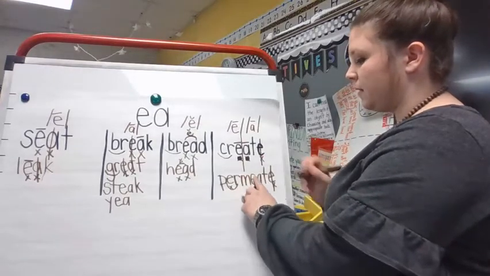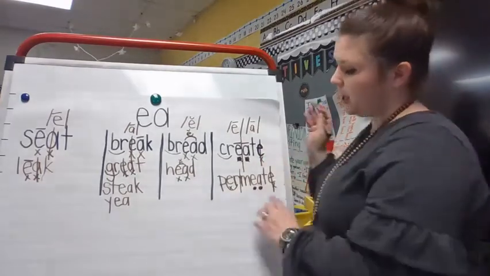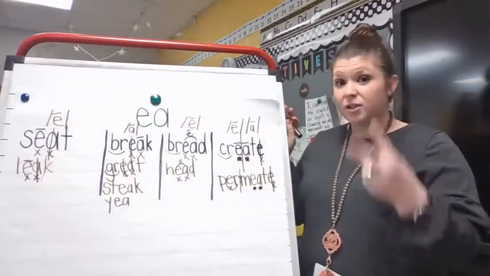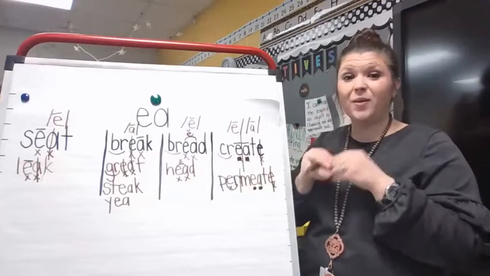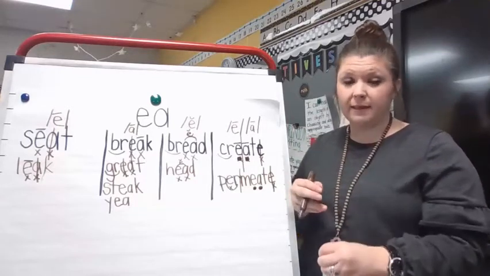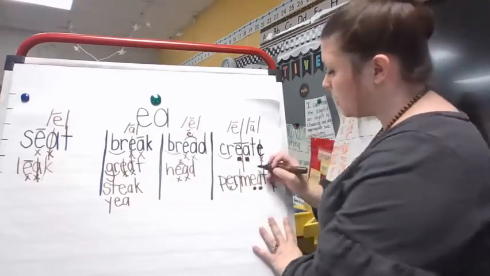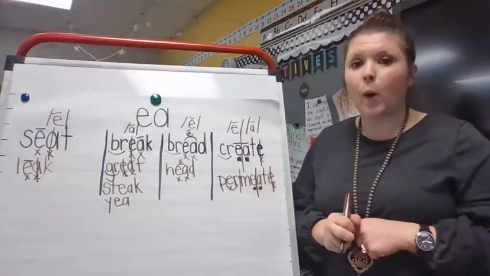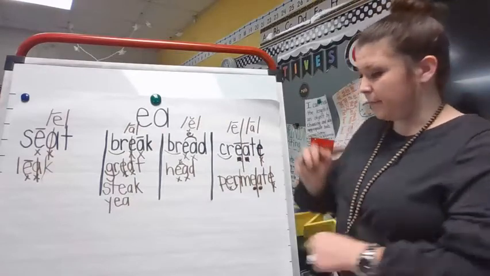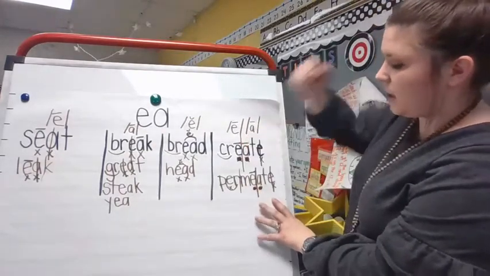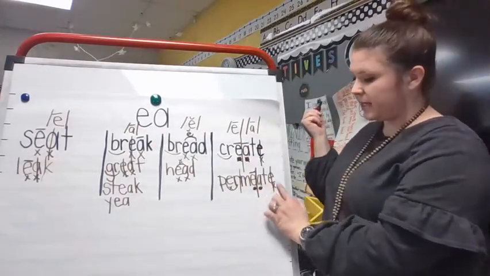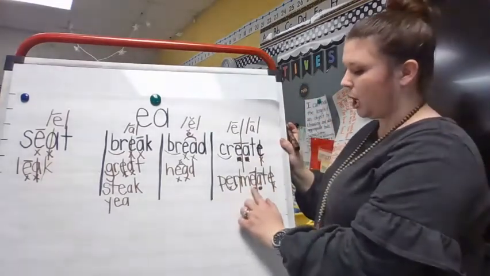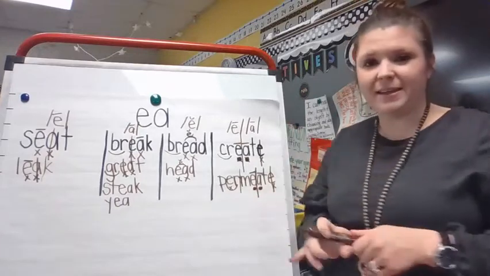One consonant will run to the vowel behind it, so we'll split this word in between that vowel sound and that M. Now we have these two adjacent vowels, but we know that those adjacent vowels cannot be in the same syllable, so we're going to have to split those apart to show that they are two syllables. Now we can prove why they both say their names. This E is at the end of the word or a syllable, so it's long. This A has that silent E at the end, so it's long. So we have the word permeate, permeate.